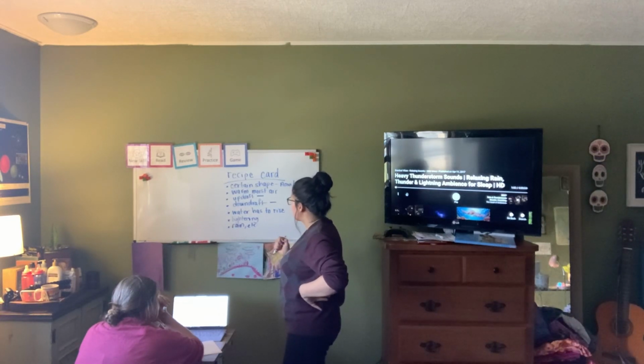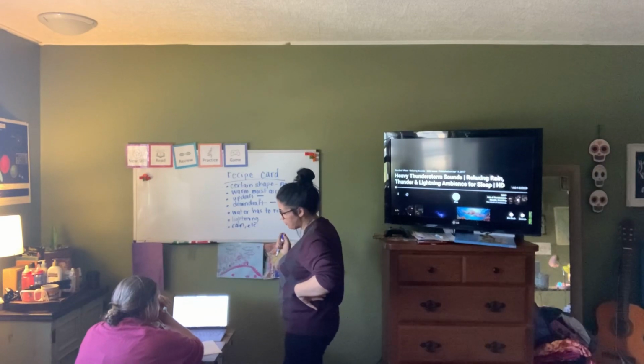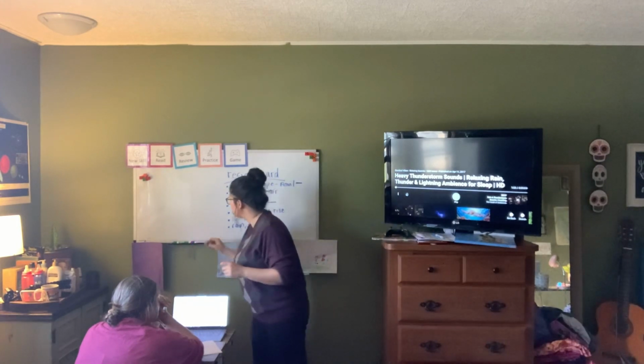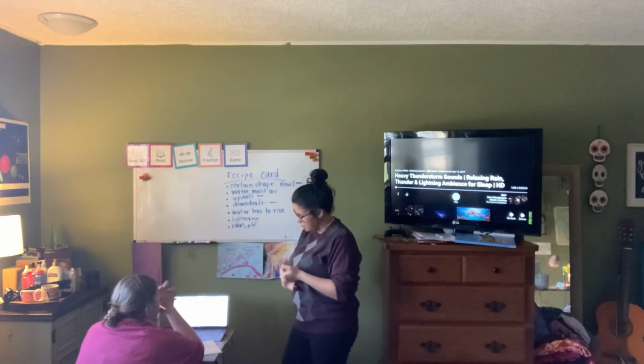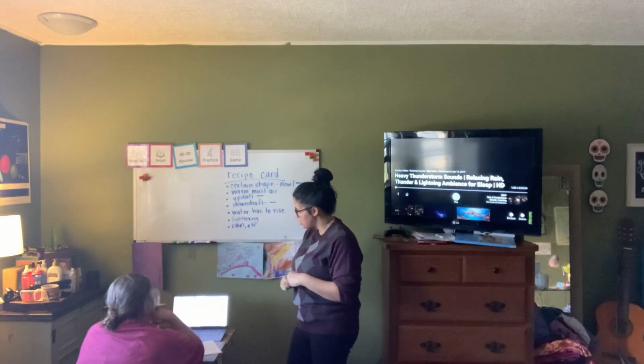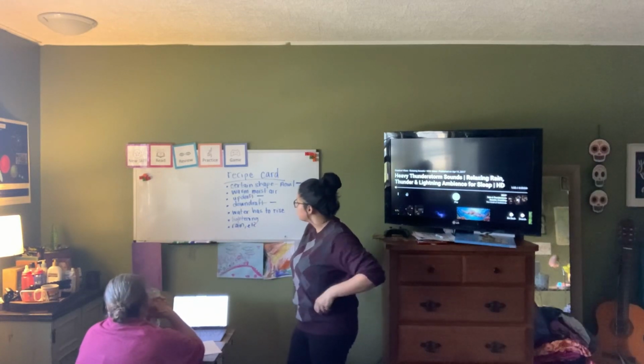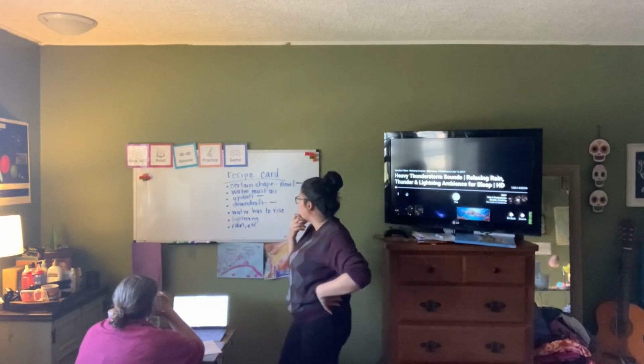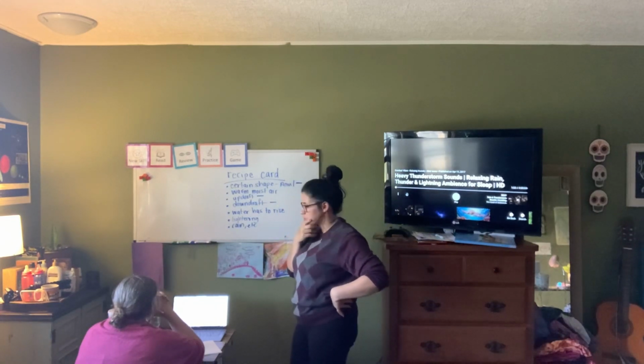So if there's any other questions that you've had from your research, be sure to write those down, because we'll have more time next time to go over those. So today we reviewed the water cycle. We looked at our mason jar, and we began to figure out what is different about a thunderstorm versus just regular rain.